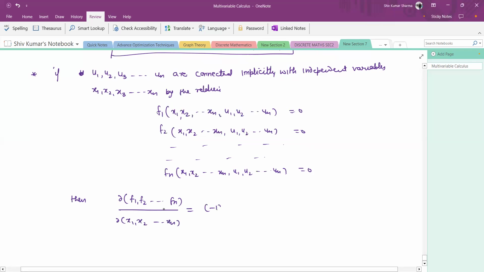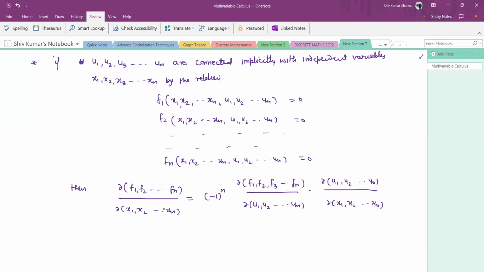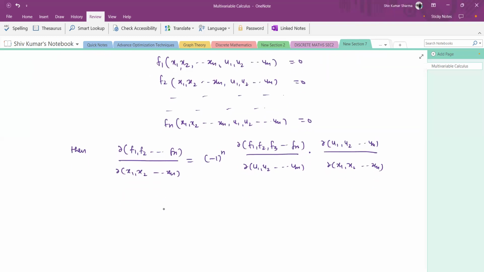It is equal to minus 1 raised to the power n into del f1, f2, fn upon del u1, u2, un into del u1, u2, un upon del x1, x2, xn. Okay, so we remember this one. This is the general case, where we can calculate u1, u2, un with respect to x1, x2, xn.